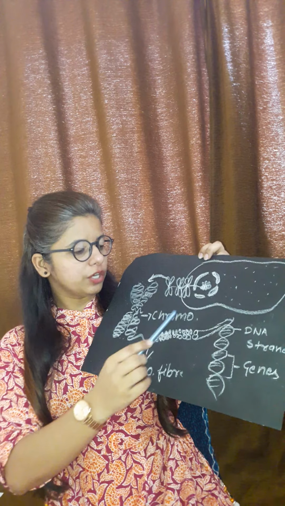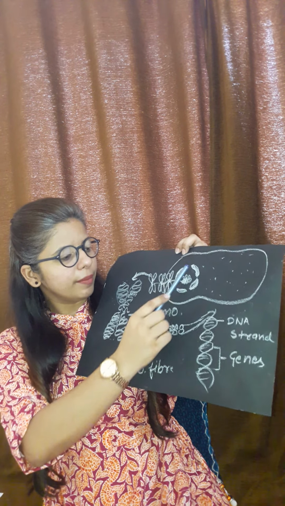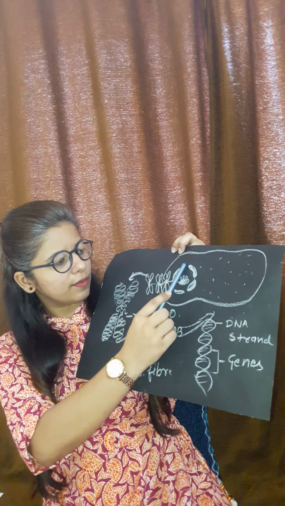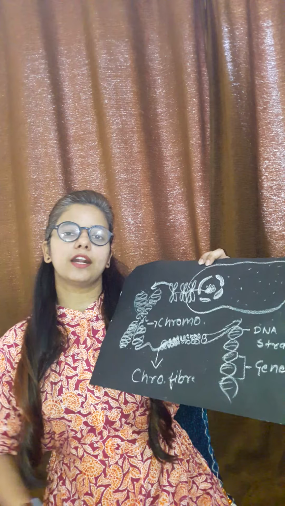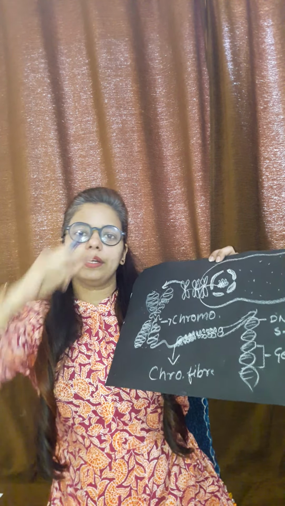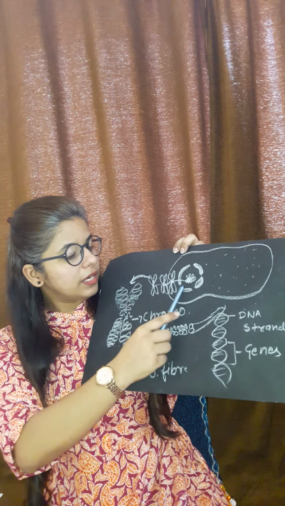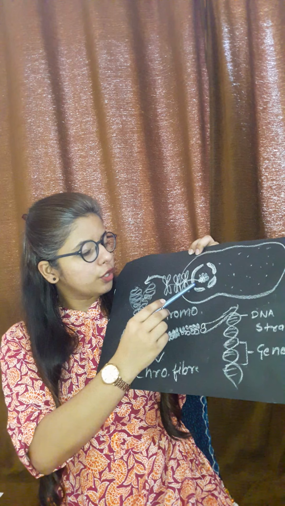So the first feature is that the nucleus is bounded by a double layered membrane. You can see one layer is inside, one layer is outside. Not only the nucleus, other cell organelles are also bounded by a double layer membrane. Second, the nucleus is also porous.